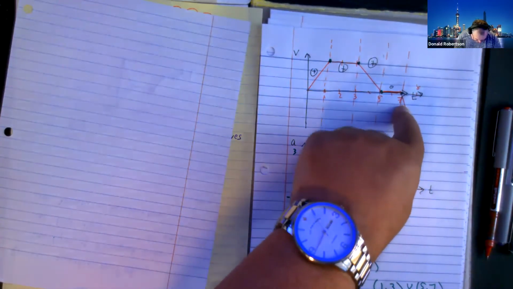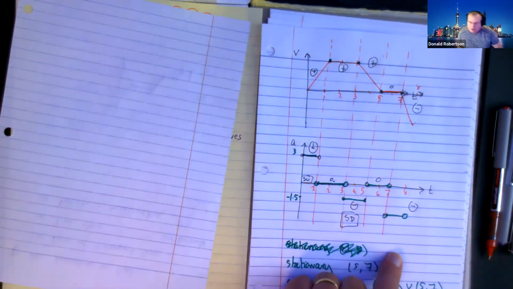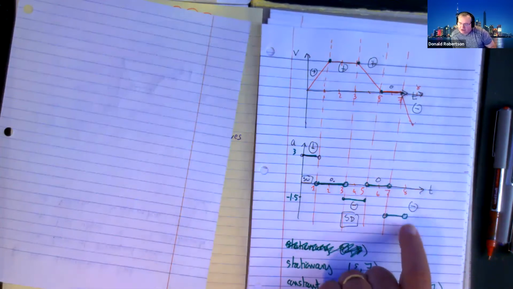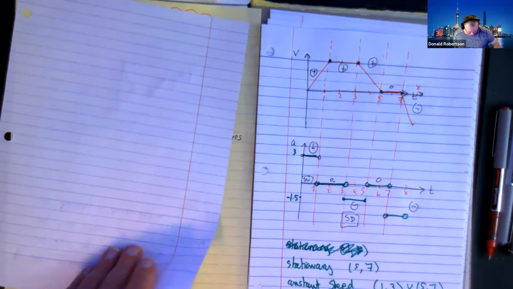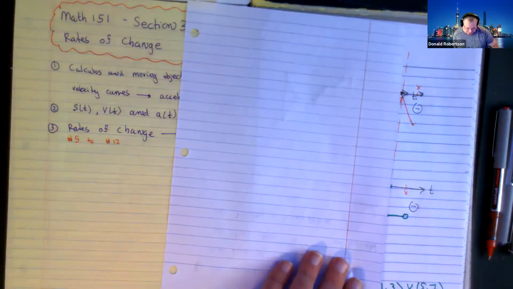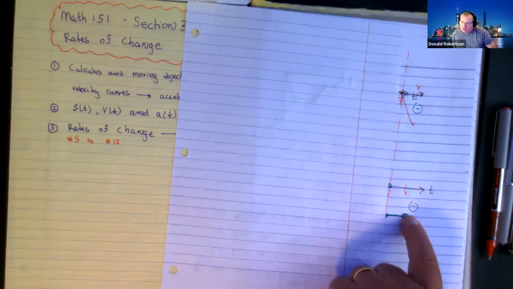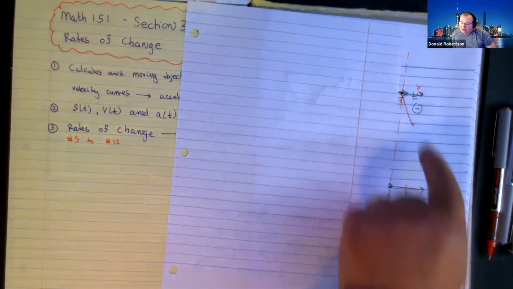And the last one, negative here and negative here. What is happening in that last interval from 7 to 8 seconds? Speeding up or slowing down? From the 7 to 8 second mark, velocity and acceleration are both negative.